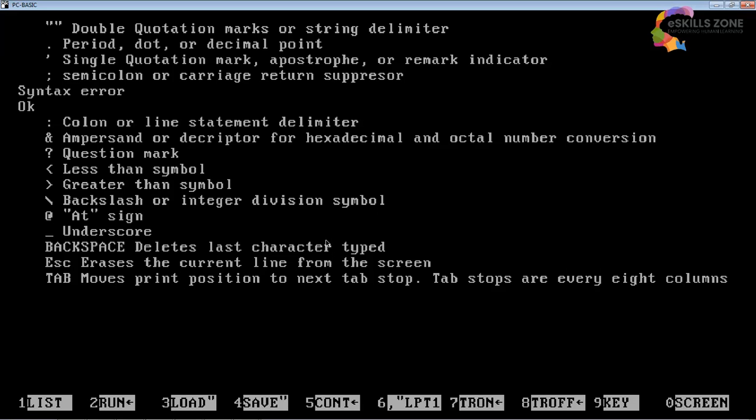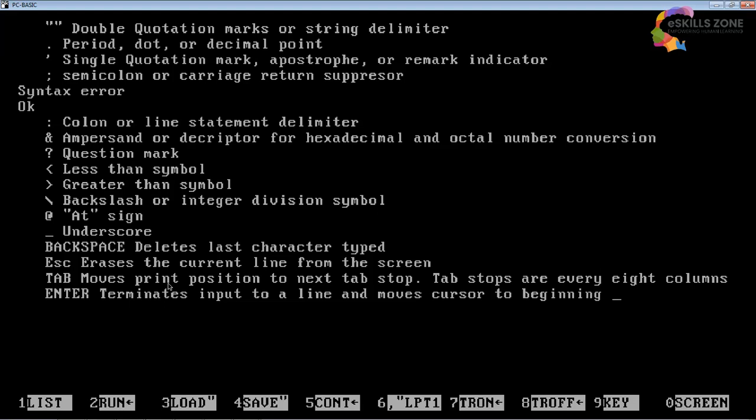So it makes a space of about 8 columns, and it is used to jump from one column after 8 columns. And the last one is the enter key. It's a very popular key available on the keyboard. It terminates input to a line and moves the cursor to the beginning.